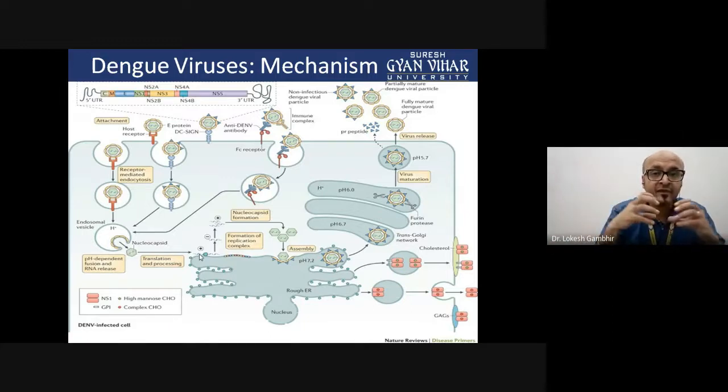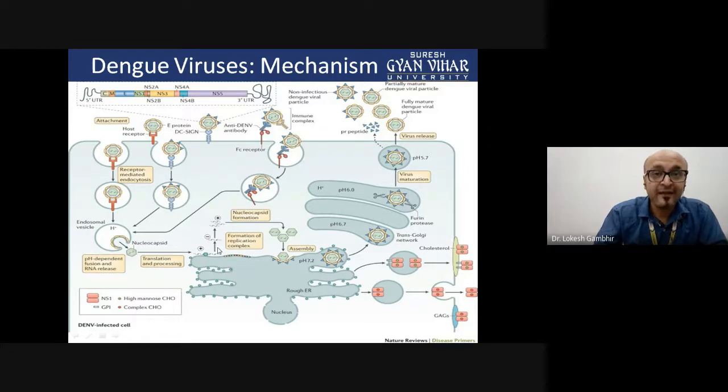All the 10 proteins are now synthesized. Among those 10 proteins, there is a protease which will cleave the polypeptide, and the NS5, that is a polymerase, is now released. That NS5 will act on this positive strand RNA to give rise to an antisense negative strand RNA.